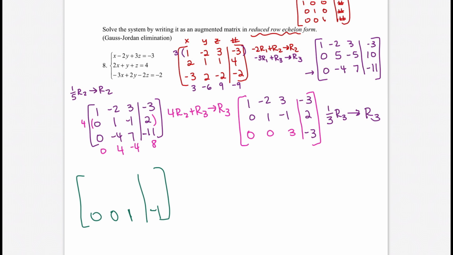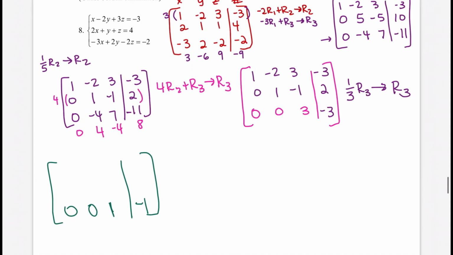Okay, now we're going to take our line right here, and we are going to use this one here to get zeros above it. So let's write the rest of this right here. 1, negative 1, 2, and 1, negative 2, 3, negative 3.